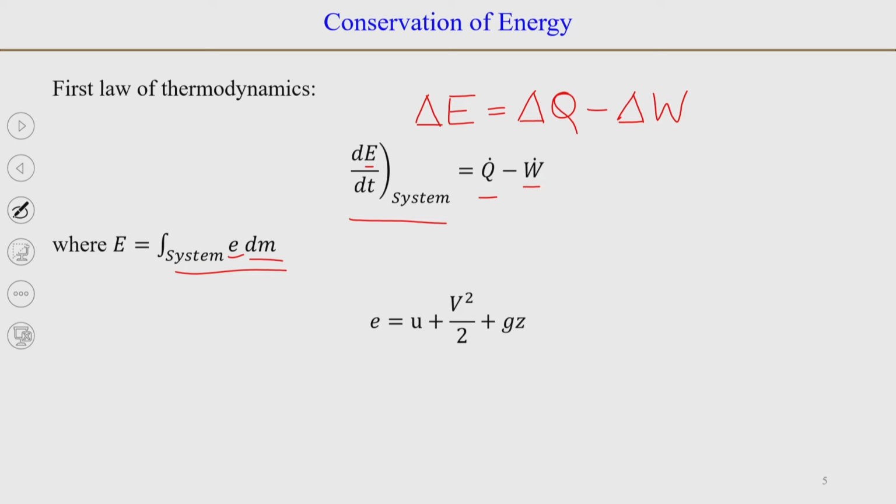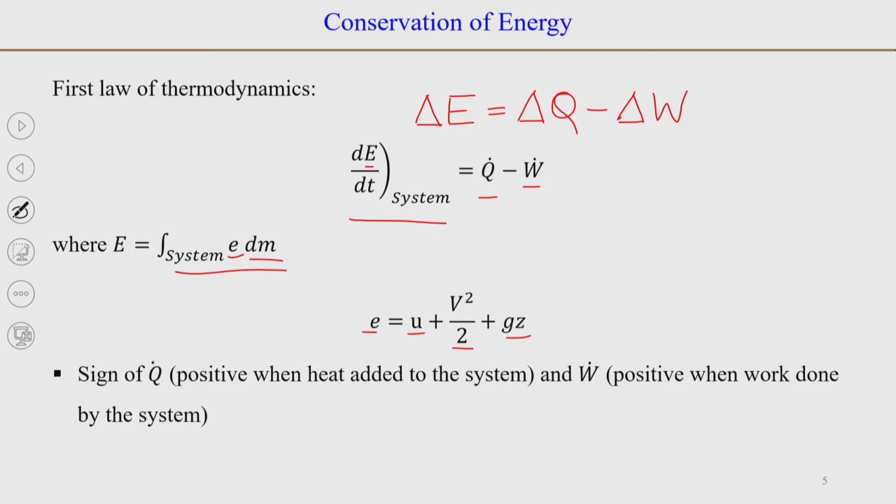This energy will be the sum of specific internal energy u plus v square by 2, where v is speed, plus g z, where z is the height from a reference position. So, the total energy is the sum of internal energy, kinetic energy and potential energy.